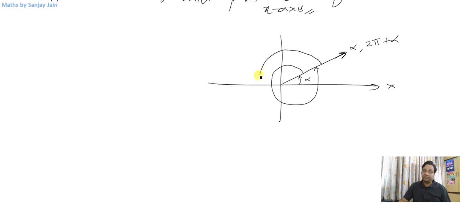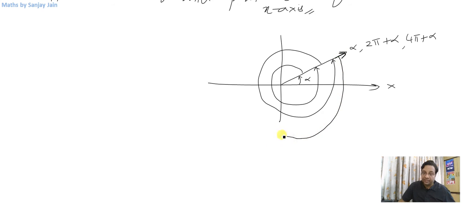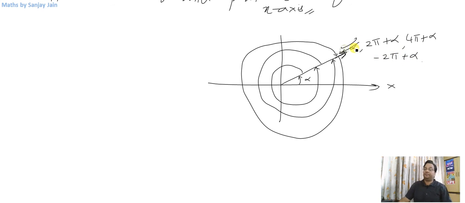If I rotate it once again, I'll reach here once again. So 4 pi plus alpha will also give me the same angle. If I rotate it clockwise by minus 2 pi, because when I rotate a ray clockwise, I'll consider that angle to be negative, I can say minus 2 pi plus alpha is also this ray, right?